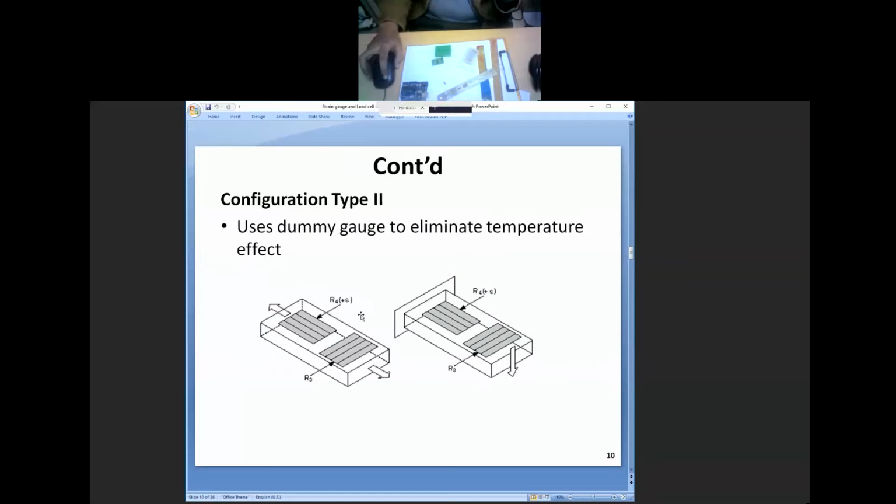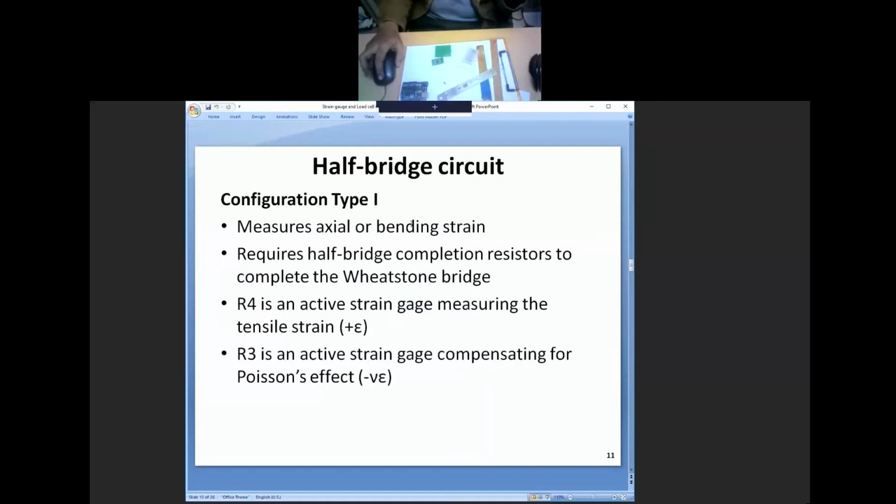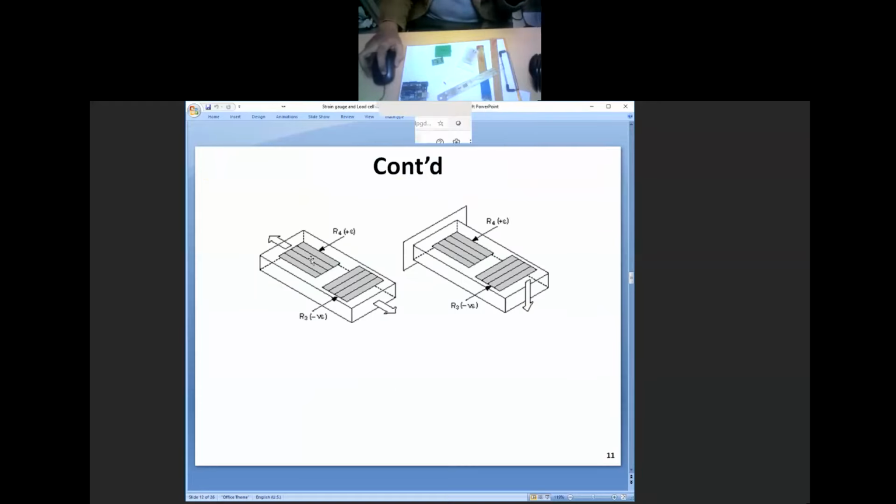So to eliminate temperature effect, we put one dummy also. The dummy does not take part in supporting any strain. It is only for eliminating temperature effect. Then comes the half bridge. What do we do in the half bridge? Half means two. It means two strain gauges are now active and they are supporting load, something like this. Here we have a tensile loading case or axial loading. Look at the directions.